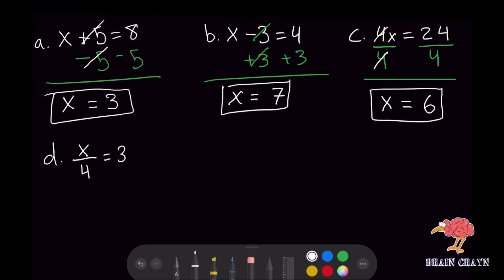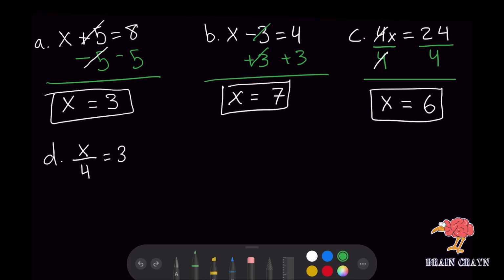For this equation, we again need to identify what operation is occurring. In this case, it is division. As we can see, x is divided by 4. But now we need to isolate x, which means we need to get rid of this 4. To do that, we again have to use the opposite operation. In this case, the opposite operation for division is multiplication.